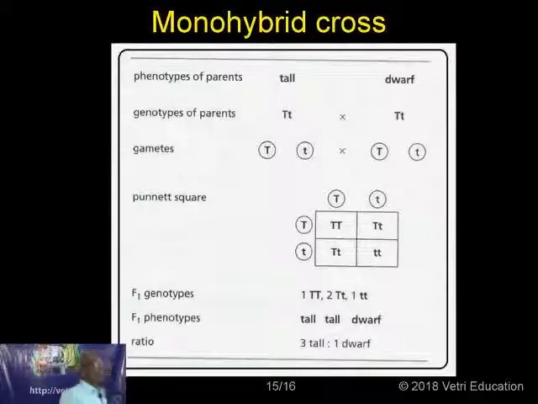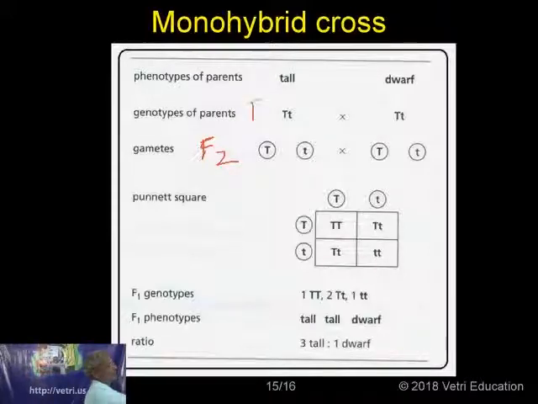So this picture shows you the monohybrid cross. A tall plant is crossed with the dwarf plant, the parents. A small mistake has come in the picture. This is self-fertilization. This is the F2 generation.